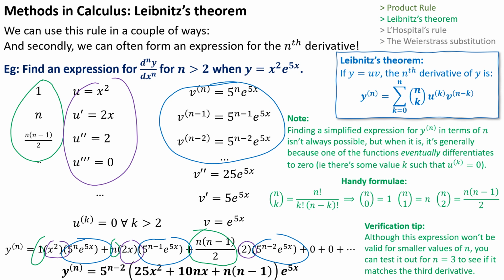If you want to try it out for yourself just to check an answer without necessarily being in exam conditions, feel free to go to Wolfram Alpha and ask for the third derivative, and then compare the answer on your screen with our expression here for n equals 3, and you should find that they match. Now you can have a go at question 5 from exercise 7a.